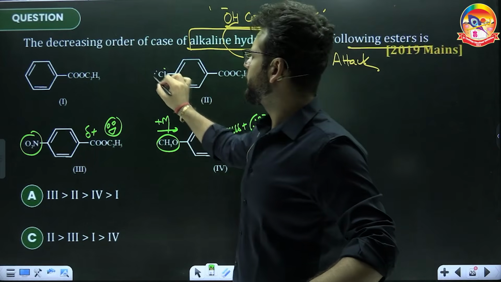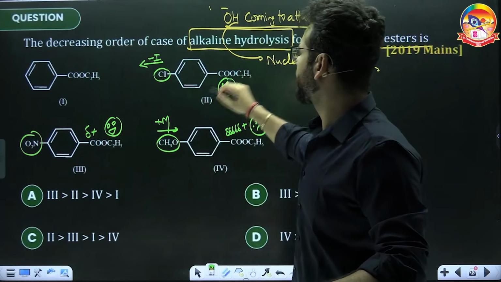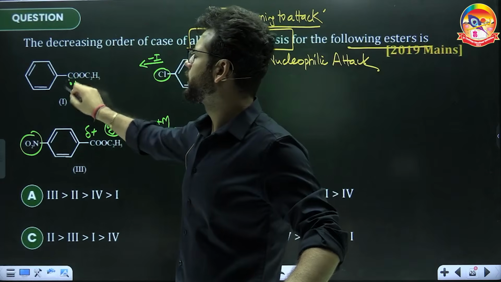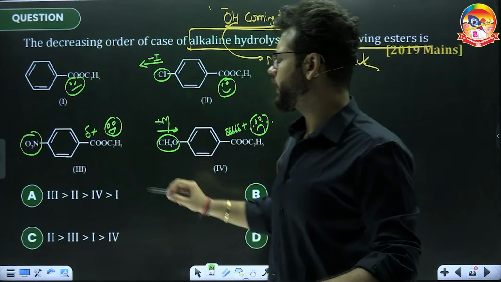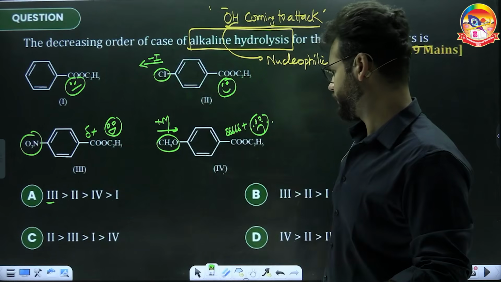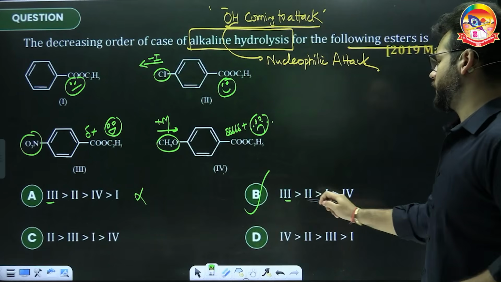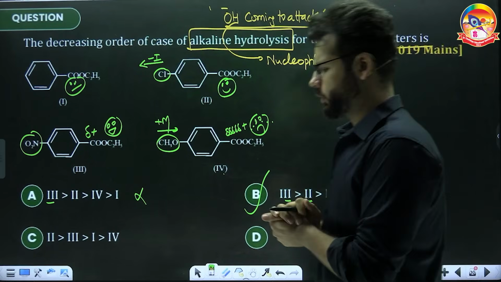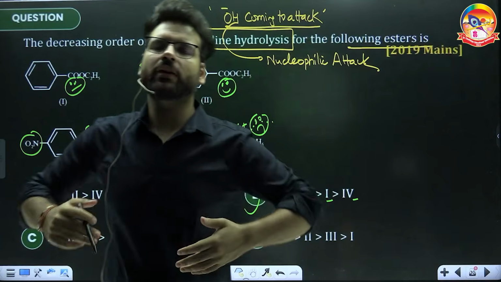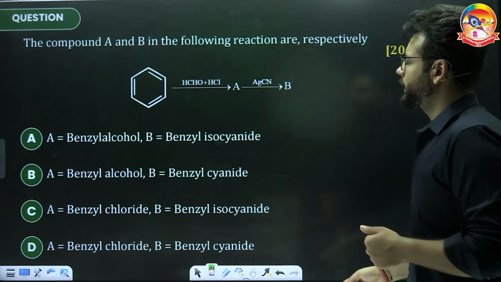Cl is overall a minus I group. It is also kind of reactive. And no effect means somewhere in the middle. So who becomes the most reactive? 3. Who becomes the least reactive? 4th. So this is wrong. This is the answer: 3, 2, 1, 4. I hope it is clear to everyone. If any question like this repeats, please do not make a mistake. Next one.